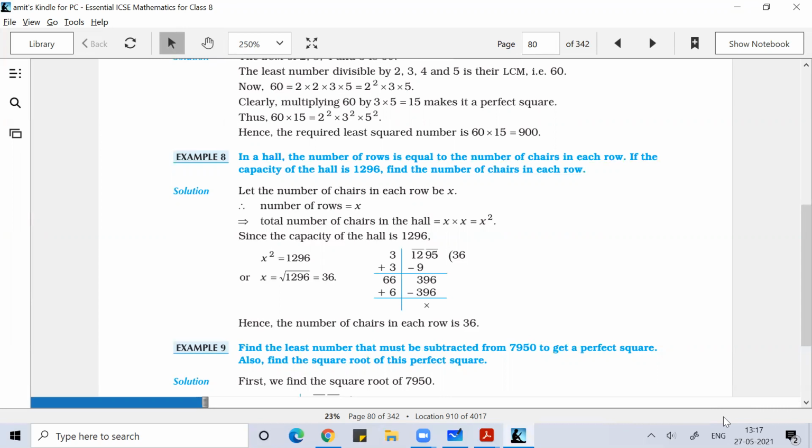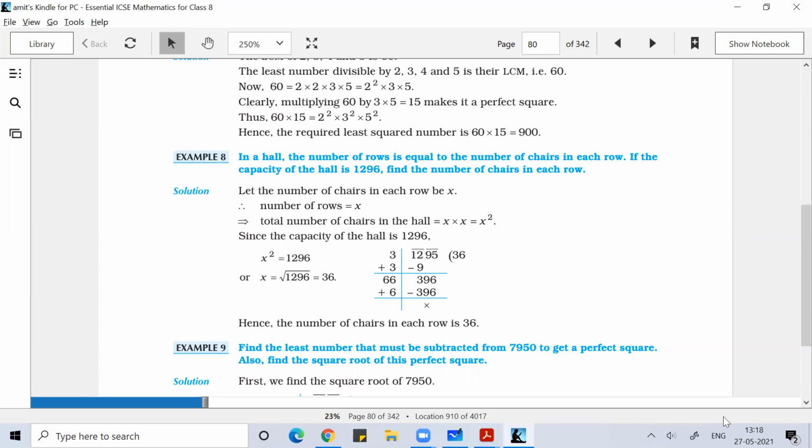Also find the least number that will be subtracted to get a perfect square. I got the answer.